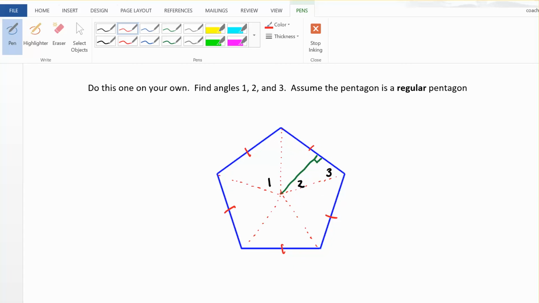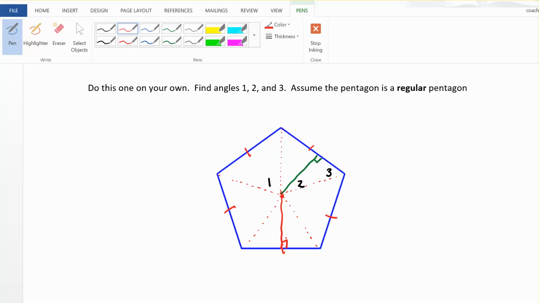Okay, so we said in the beginning our objective was to use the apothem in order to find the area of a regular pentagon. And so to do that, the green segment here is one of the apothems. And there's actually 5 of them. It goes from the center to the other side at 90 degrees.